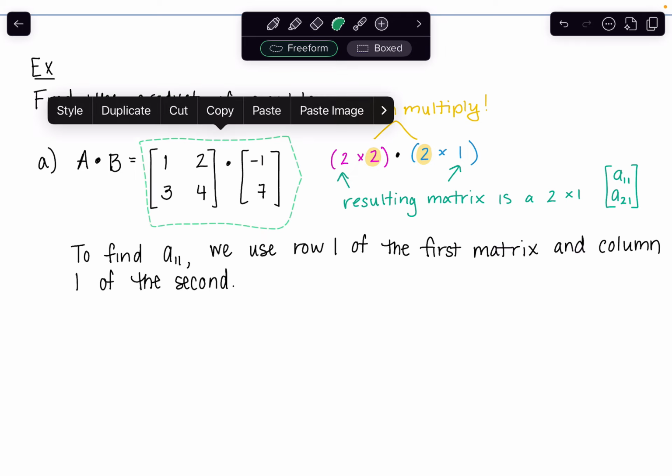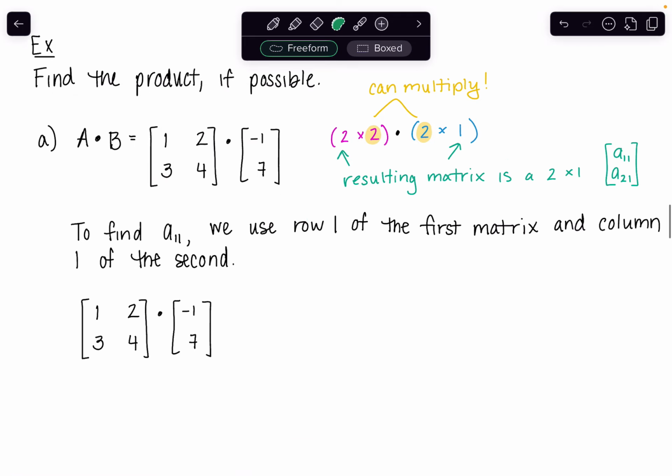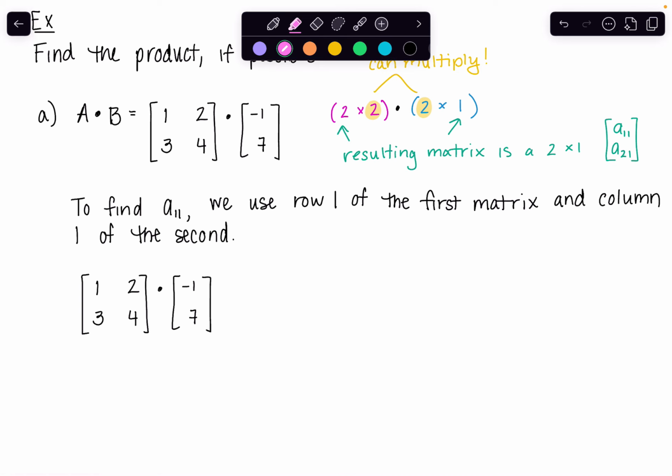So I'm going to go through and I'm going to show you just by highlighting these. Okay. What I want to do is I want to take this first row and I'm going to multiply it by the first column. So we're going to kind of go down and we're going to multiply the corresponding elements. And we're going to add them together.